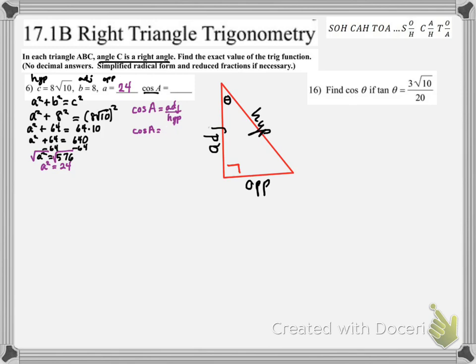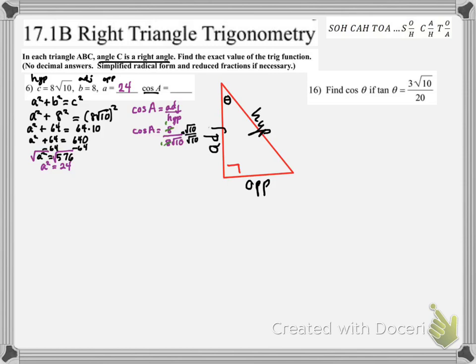Make that 8 over 8 square root 10. This is one of those situations where I can reduce right here, but I also need to get rid of the root 10. Root 10 on top, root 10 on the bottom.